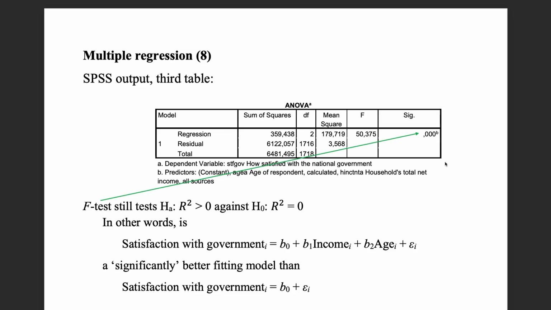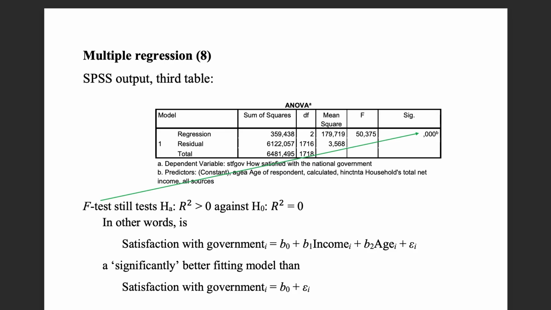So in other words, our F test tests whether our new, more complicated model is significantly better fitting than our most simple model. In this case, we would say our p-value is really, really low. It's 0.000. So we would say it's very unlikely to find what we find here if it is in fact true that differences in age and income explain no variation at all in satisfaction with the national government.